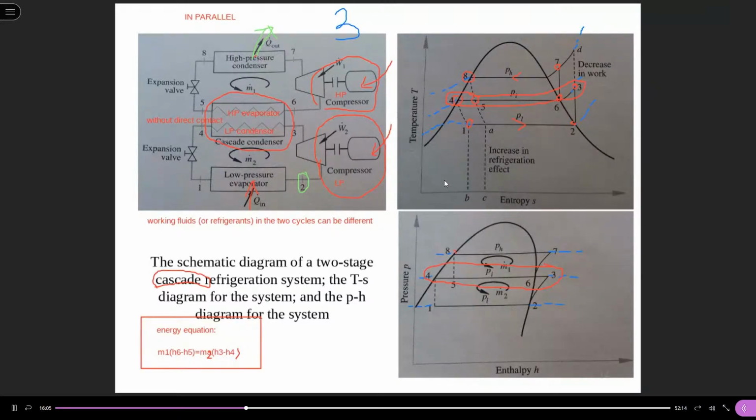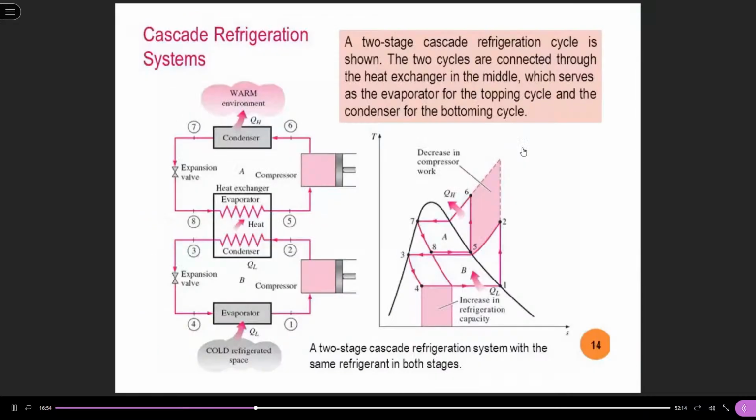So we can consider the Cascade condenser as a heat exchanger, and we can apply the energy equation to find out the correlations of their properties.